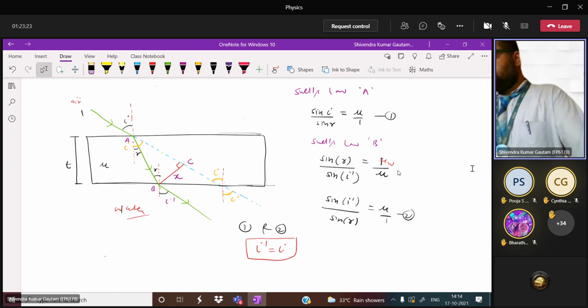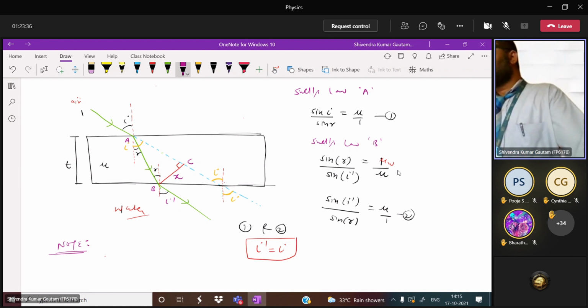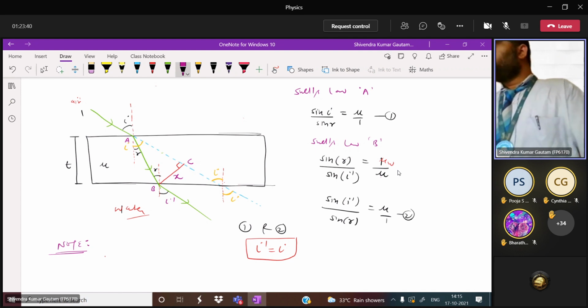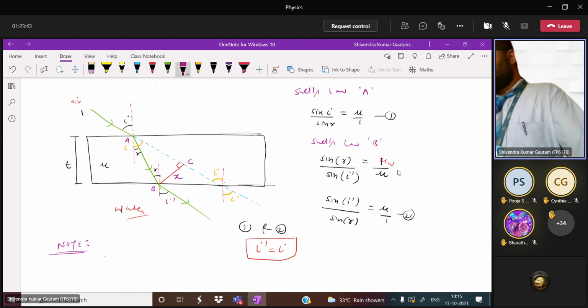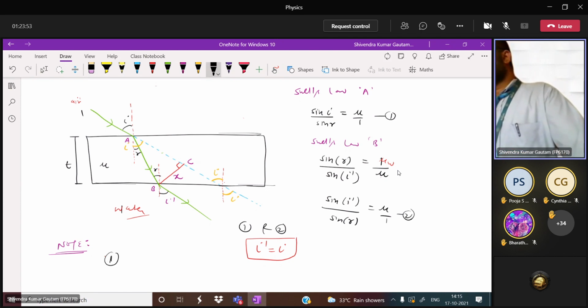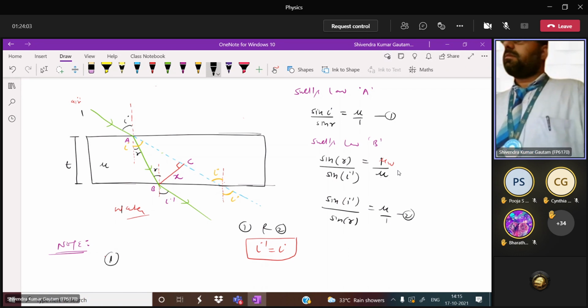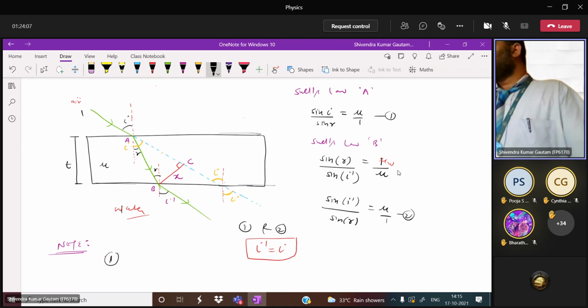Completed, everyone? Those who have completed, write down this note, point 1. The emergent ray will be parallel to the incident ray only when, first point, both sides of the slab have the same medium present.